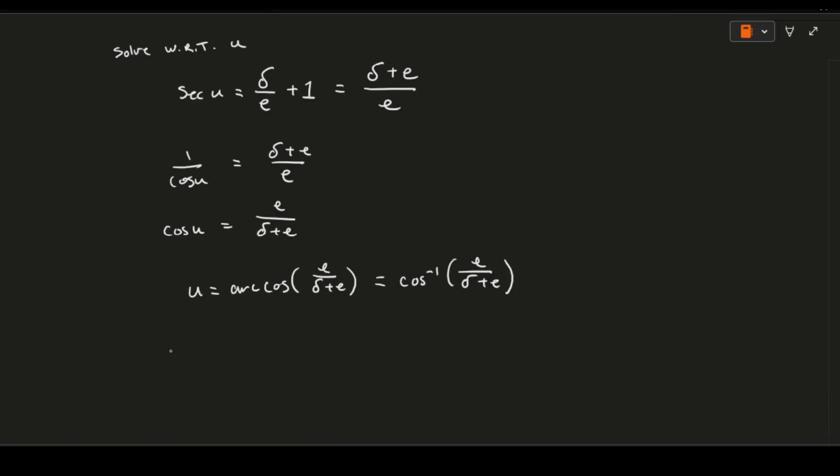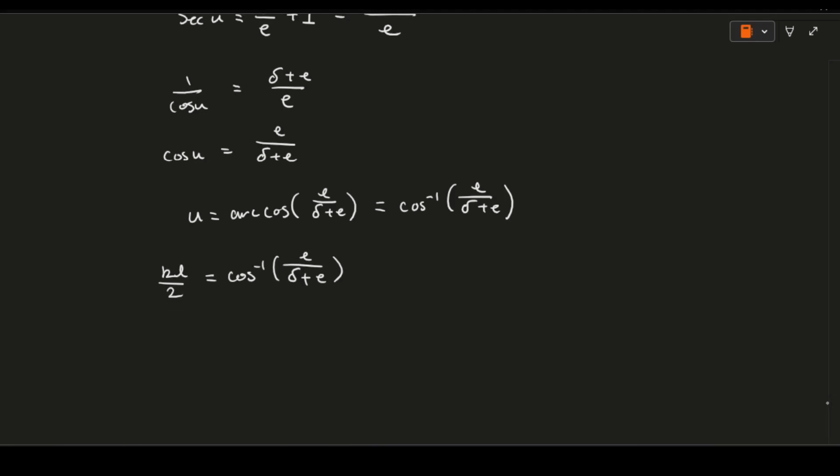This means that kl over 2 is equal to cosine inverse of e over delta plus e. You can multiply by 2, and we get kl is equal to 2 times cosine inverse of e over delta plus e.